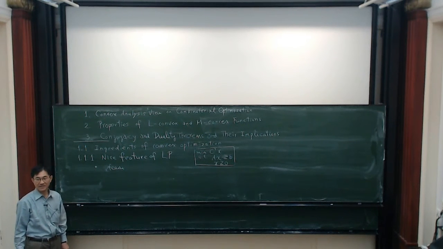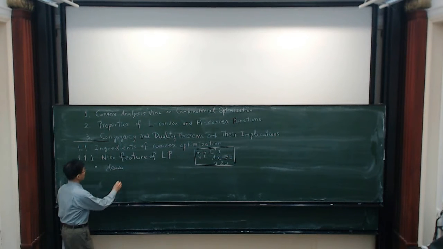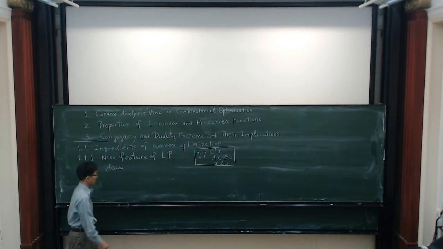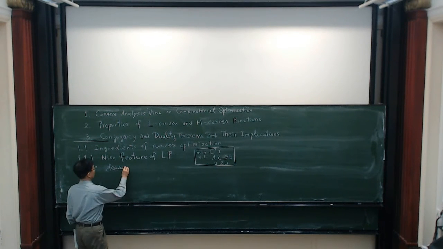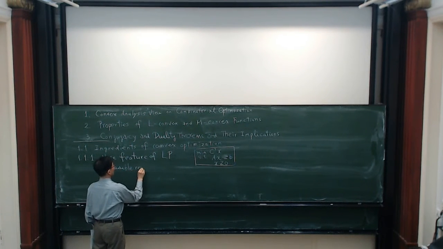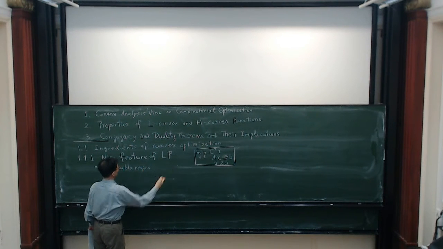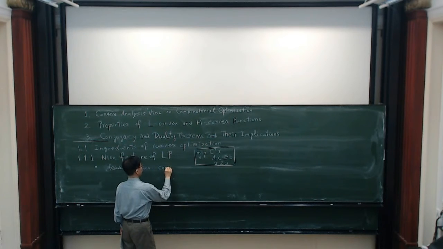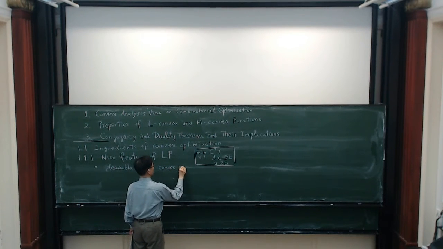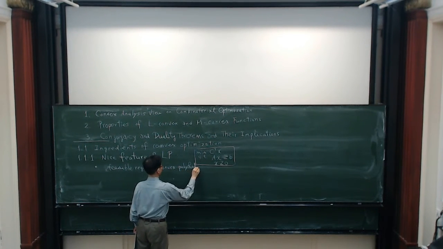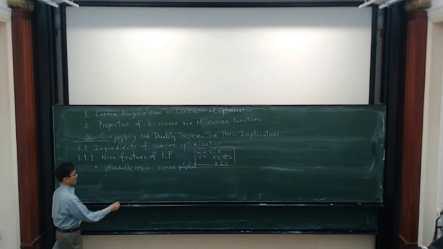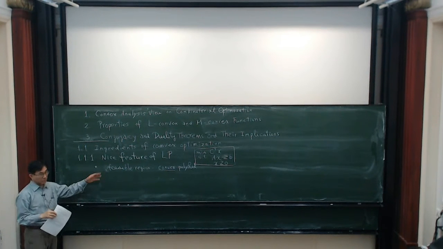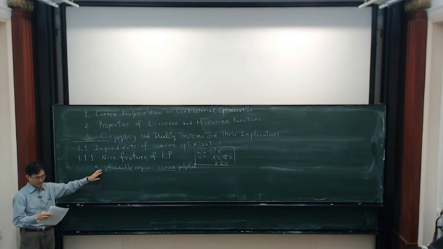You know it. Okay. So the feasible region is the set of x's that satisfies these inequality constraints, and those points form a convex polyhedron. Okay? The convexity here. And everything is actually the consequence of this.